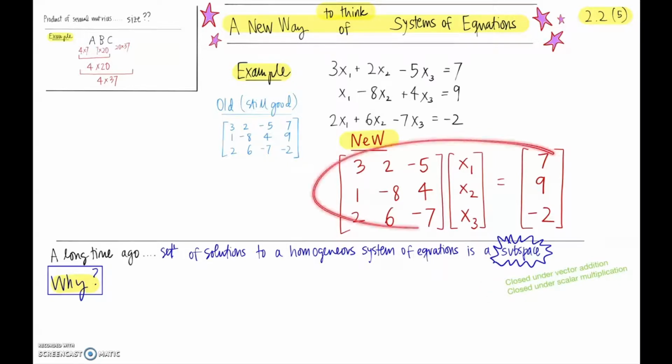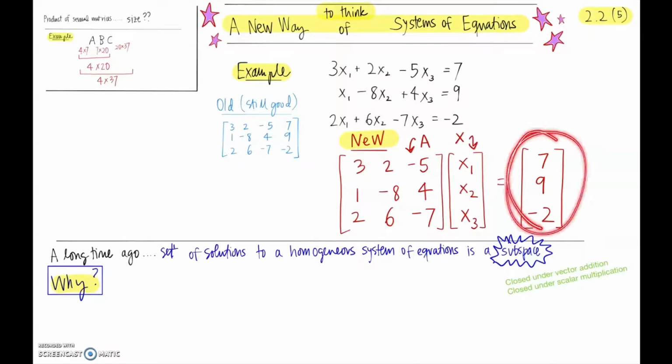Let's go back up here for a minute and talk about one more type of notation. If I have this matrix here, this matrix of the coefficients, I can call that A. And this matrix that's full of these variables, x, a good name for that would be a capital X. And then this matrix that's just all of the constant terms on the other side of the equal sign, we can call that whatever we want.